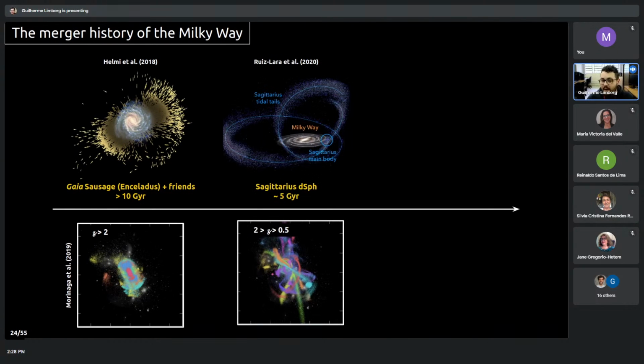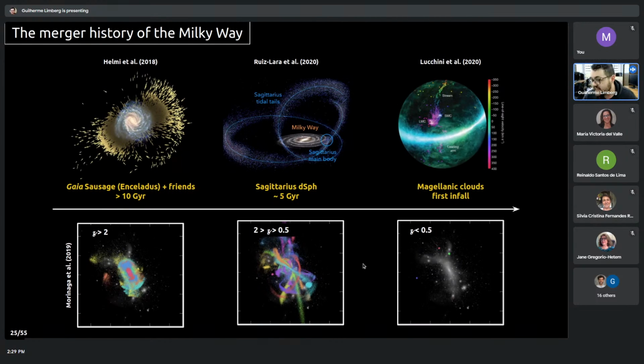And about 5 billion years ago, there was the accretion of the Sagittarius dwarf galaxy, which is now responsible for the production of the Sagittarius stream, this stream of stars that is all around the Milky Way. This stream, produced by the tidal disruption of the Sagittarius dwarf galaxy, can still be observed with a coherent spatial distribution, as represented by this intermediate redshift snapshot in the simulation.